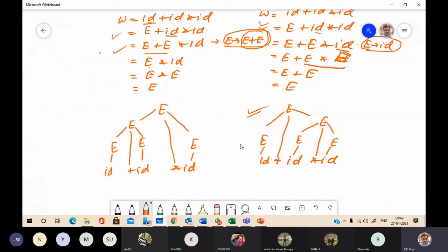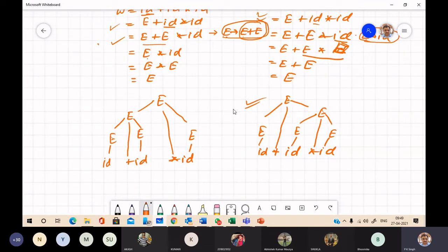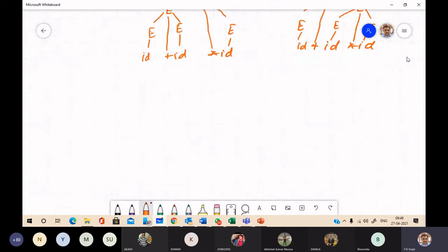Before discussing the pruning, first see how we go for bottom-up parsing, how we implement bottom-up parsing through an algorithm. If you see, it is like this.